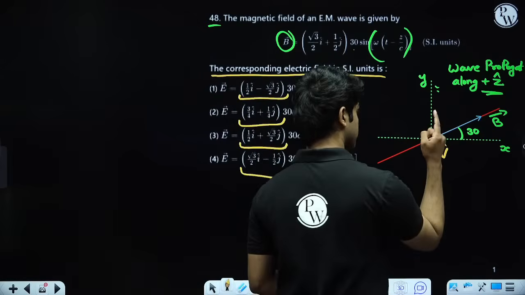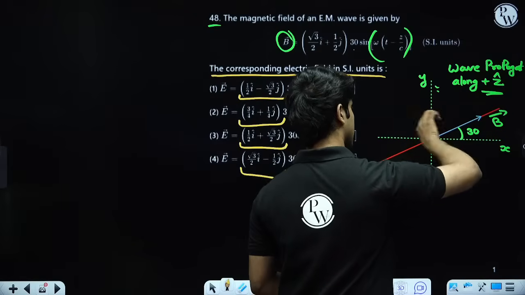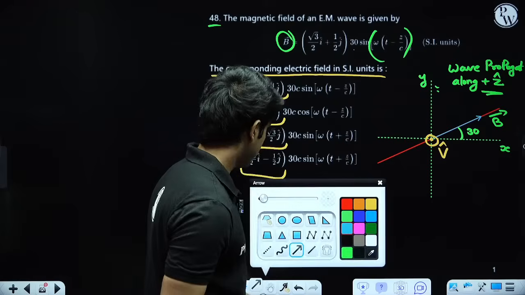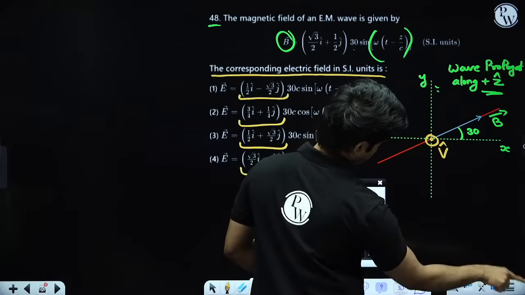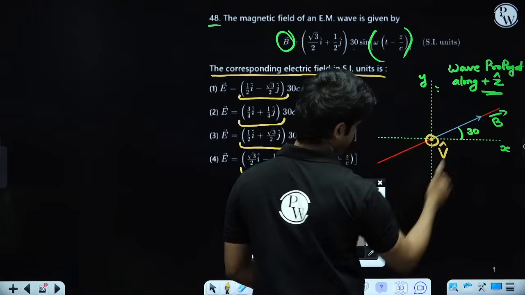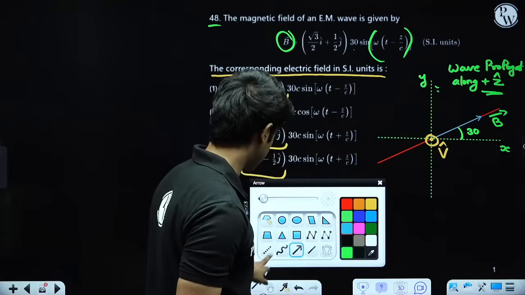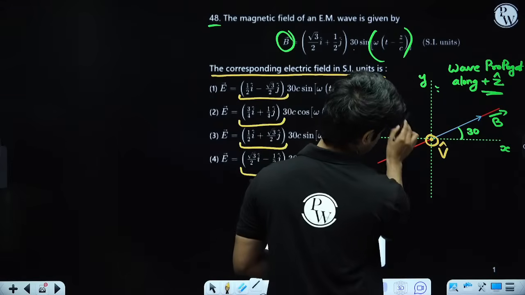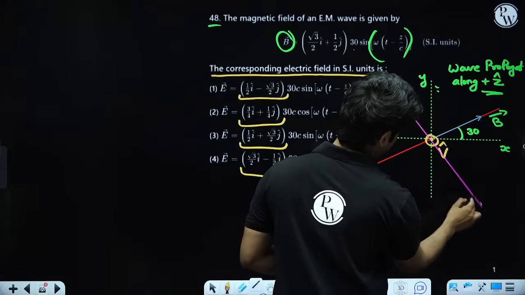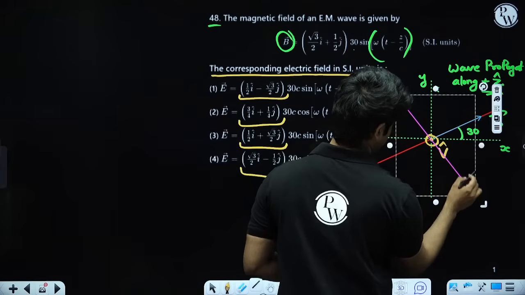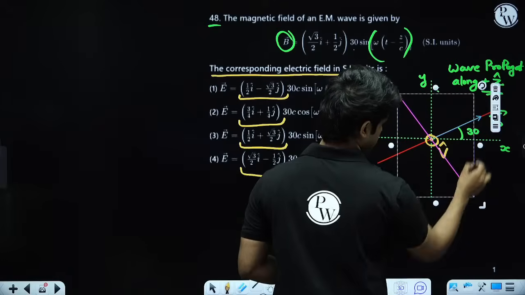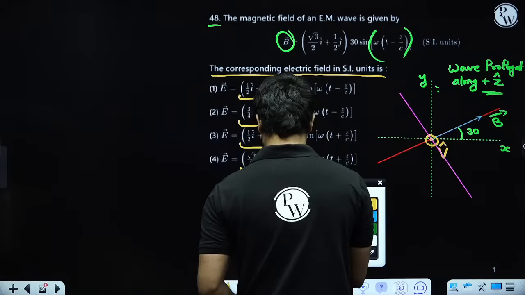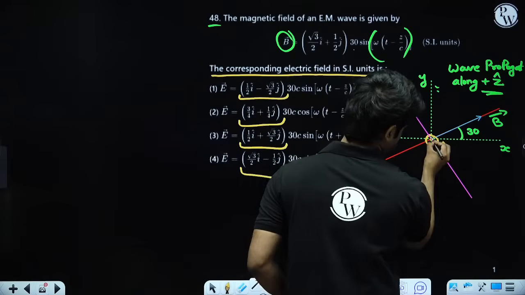V is out of the page, B is in this direction, and E cross B should give me the direction of V. So E should be in a direction like this, such that E cross B gives the wave propagation direction. I have to make it perpendicular to B and V, something like this. This is the direction of the electric field.